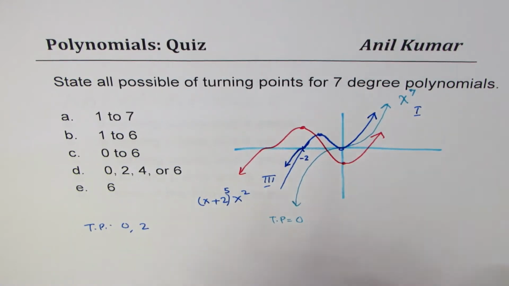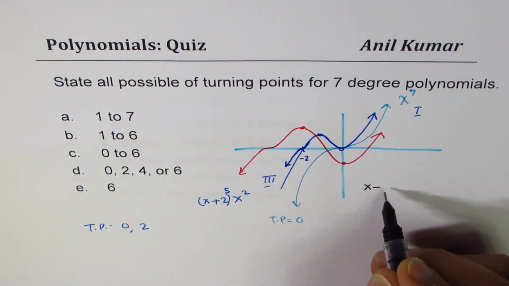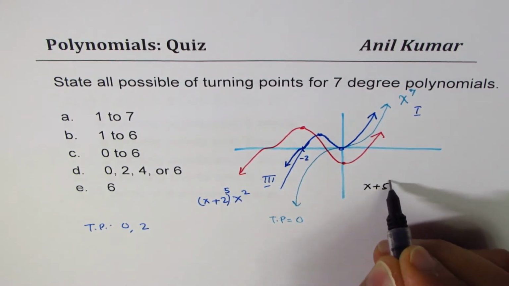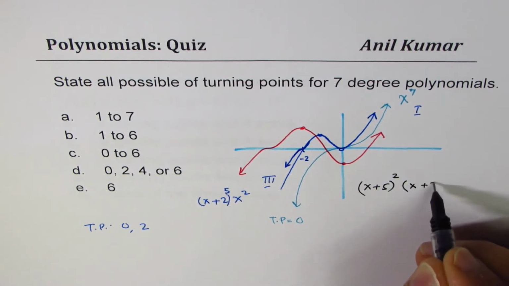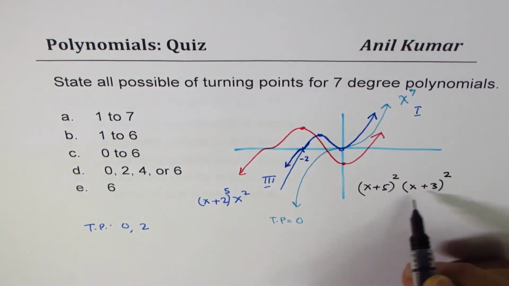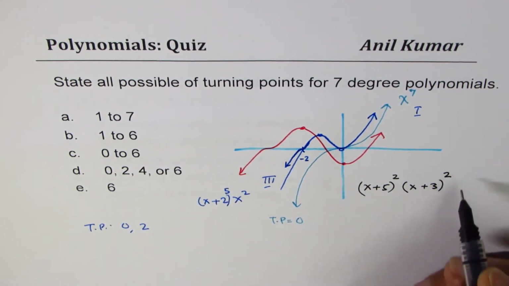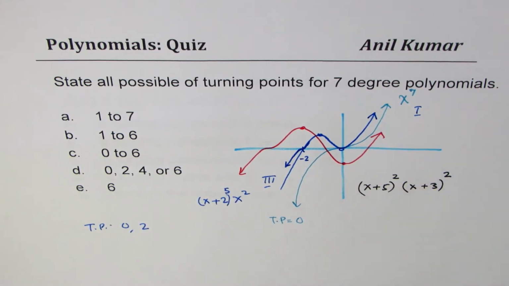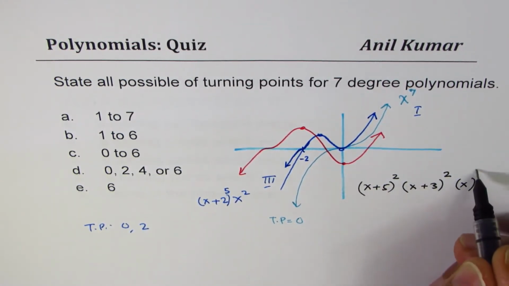Now, a 7-degree polynomial could also be sketched by a graph kind of like this. Let me write down the equation first, then it becomes easier to sketch. So we are doing x plus 5, let's say whole square, and then we have x plus 3. We want to make it 7. Let's make it whole square. So we have 2 plus 2, 4. And then we have x to the power of 3.